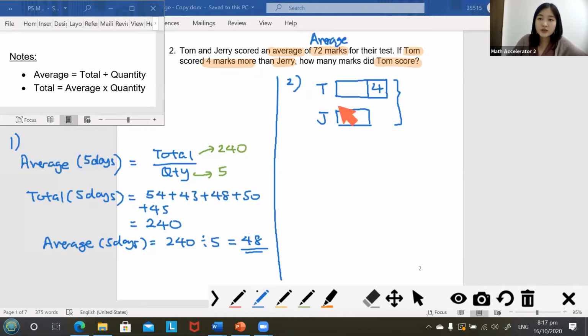So we need to find the total of the two people, Tom and Jerry. How to find total? Average times quantity. What is the average? Given in the question, 72. What is the quantity in this case?